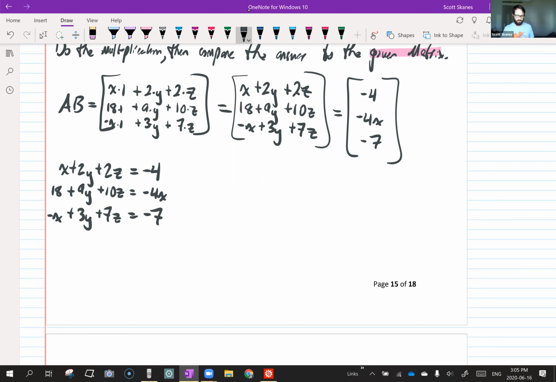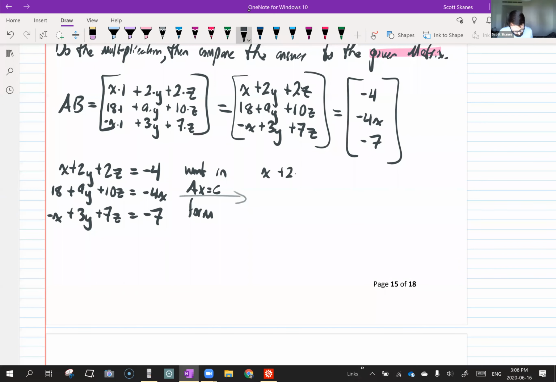And I want this in the form that we had before. So we want it in AX equals C form. What I'm going to do is make sure that all of my numbers are on the right side and all of my letters and coefficients are on the left. My first one's okay.